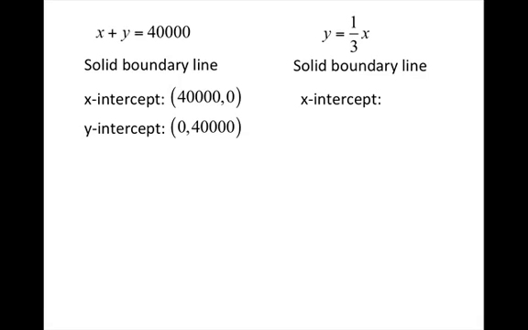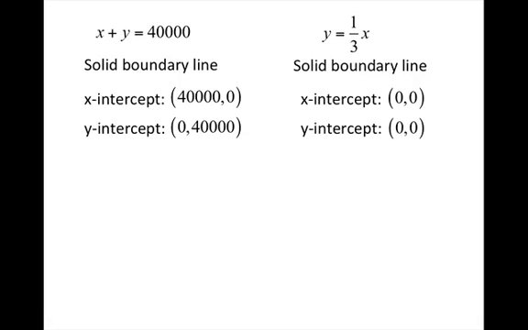Well, if I divide each side by 1/3, 0 divided by 1/3 is 0. So my x-intercept is 0, 0. Whenever the x-intercept is 0, 0, my y-intercept is also going to be 0, 0. For the y-intercept, if you let x be 0, you get y equals 1/3 times 0, which is just 0.